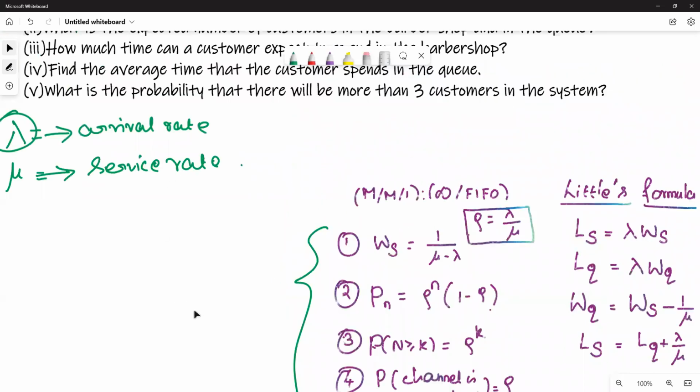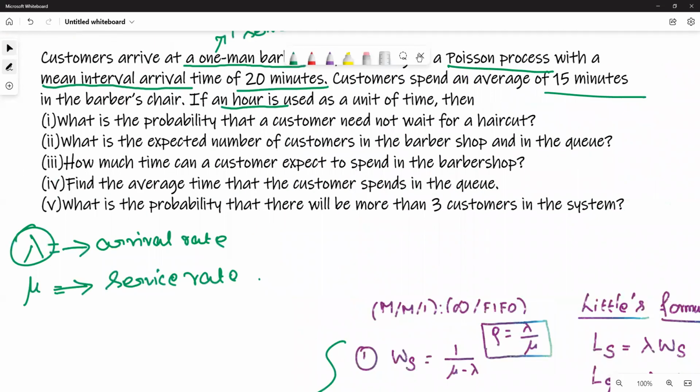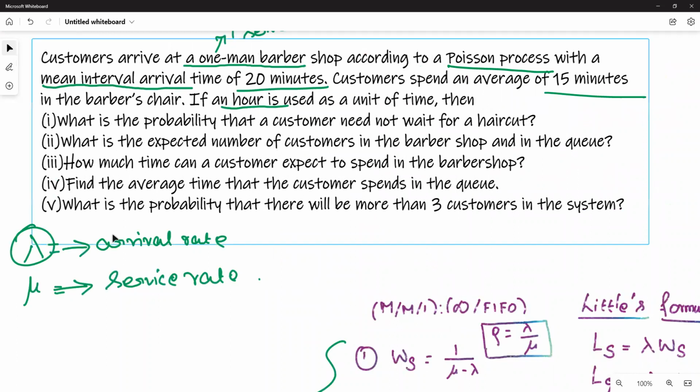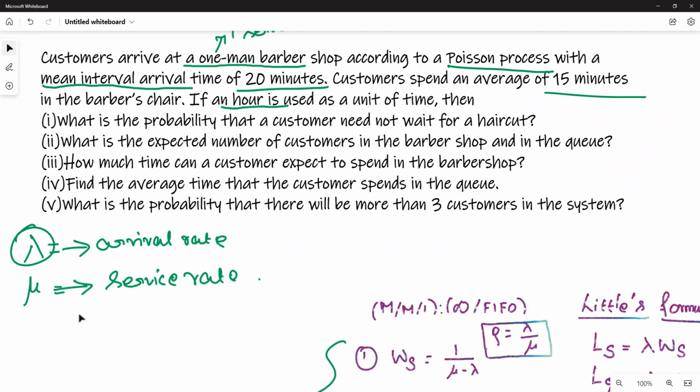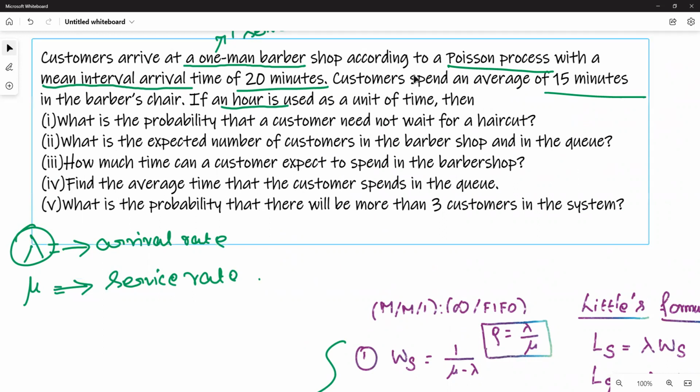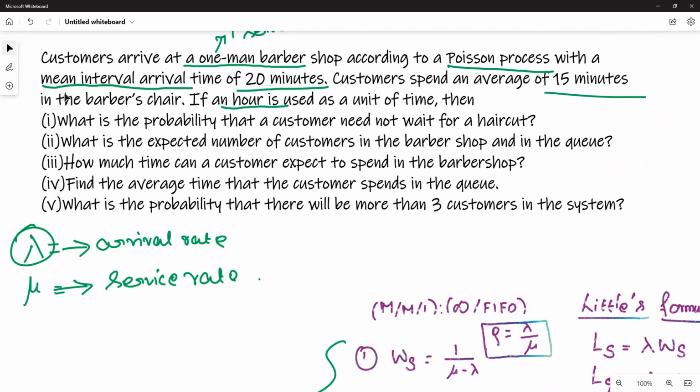Coming back to the problem which we are discussing, let us see what exactly are the arrival rate and service rate, that is lambda and mu. It is given that arrival follows a Poisson process with mean inter-arrival time of 20 minutes.